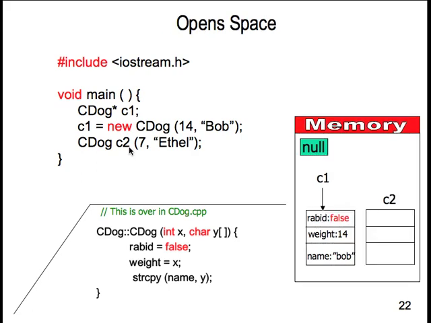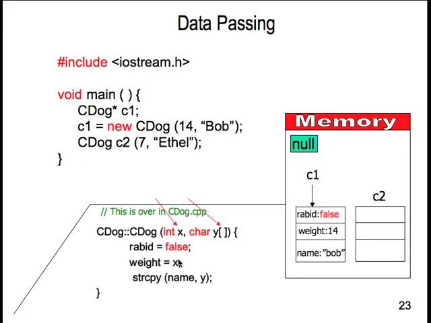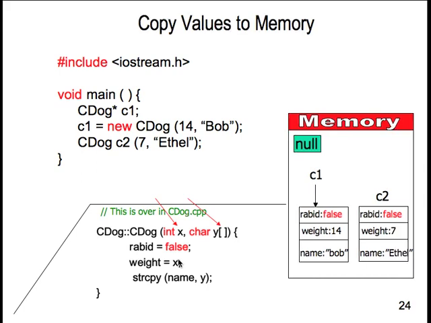So what we're looking at here now is C2, which is another space in memory, and we've got the same information that's associated with it. But this one isn't a pointer. This is just a regular old object that we created called C2. And when we pass it the values for x and y, we end up now with false, 7, Ethel.